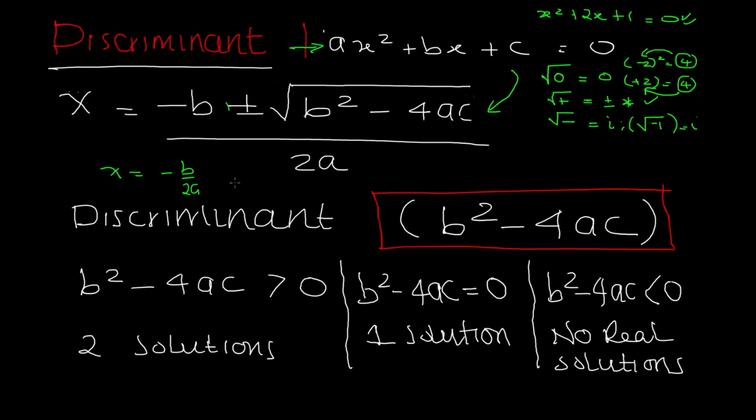So when this gives you 0, your solution is going to be only one solution. Then if we have a positive number, we'll get a number here that is plus or minus, which will impact this number and that number. Then we get two solutions.